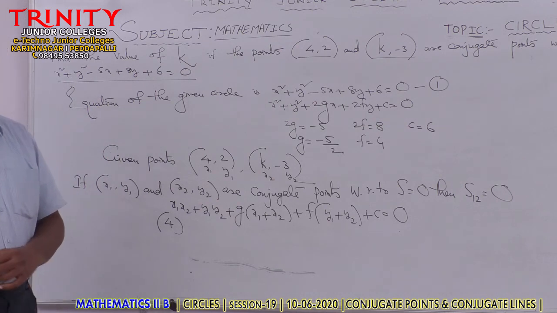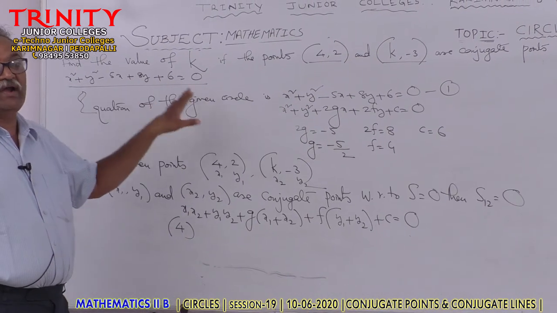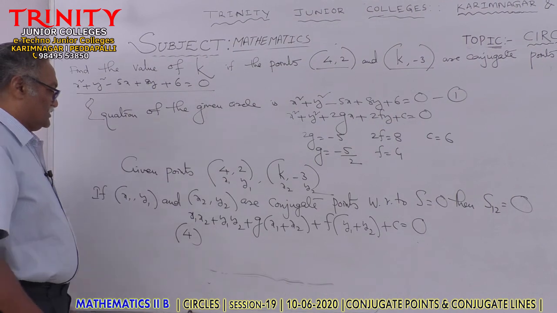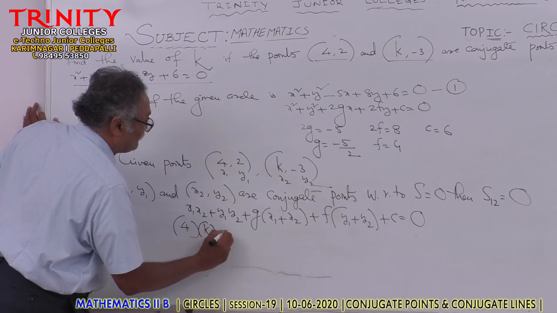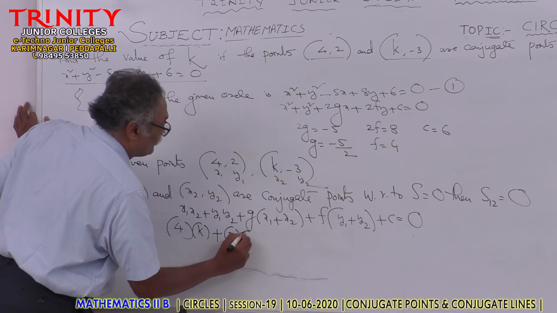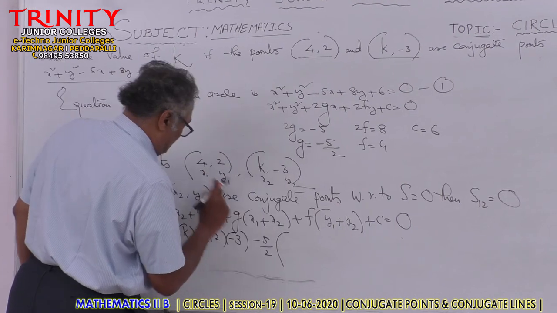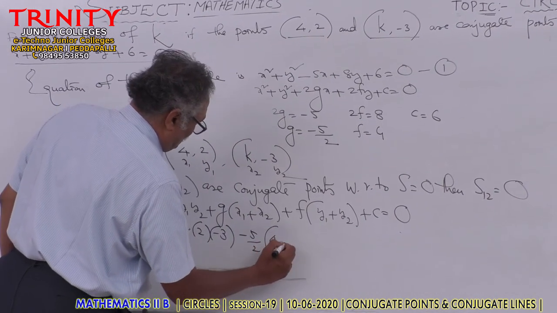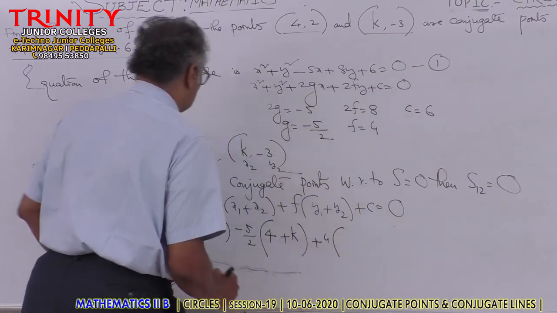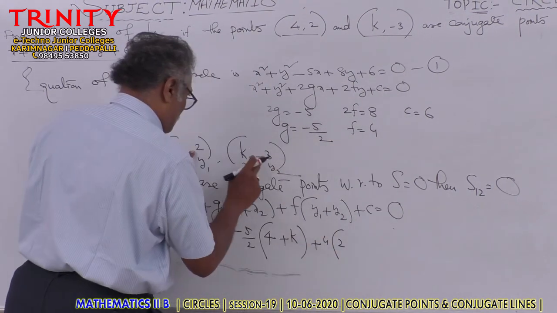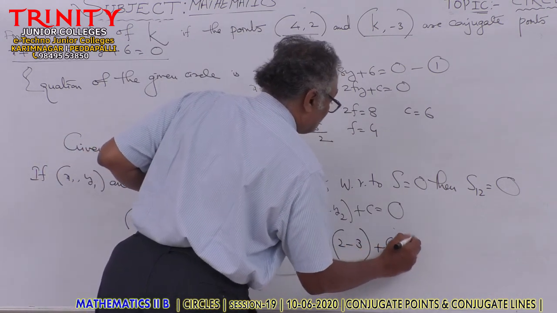That is the question. x1 x2: 4 into k, plus y1 y2, plus g into x1 plus x2: 4 plus k, plus f into y1 plus y2: 2 minus 3, plus c: 6 is equal to 0.